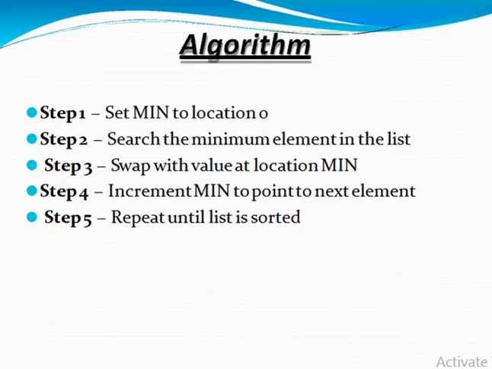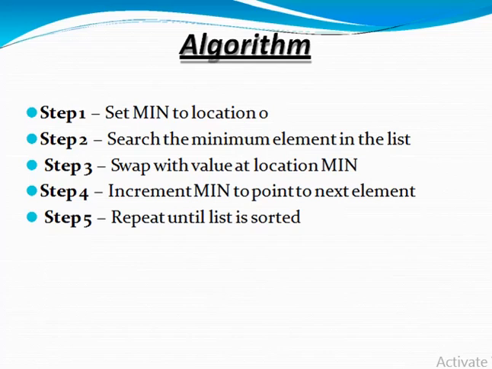After selecting that value, you have to swap it with the very first location, whatever the position or value may be. Swap it with the location which is minimum, ultimately the first location, or the 0th location.